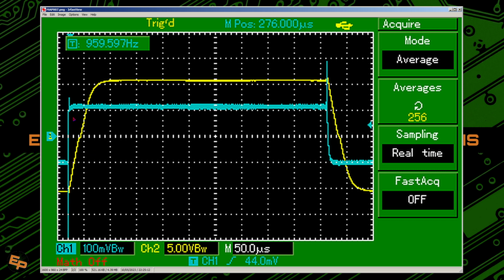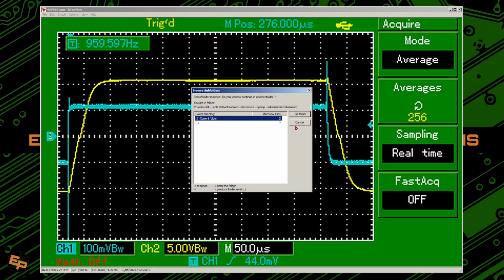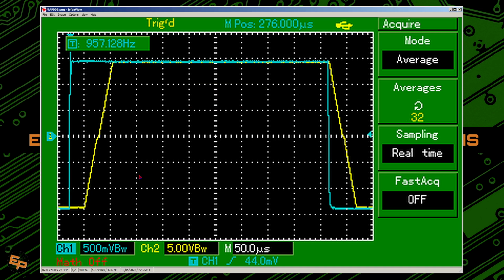Now, if we increase the input signal so much that the output will be forced to go into saturation, because the op-amp will want to output a value of voltage that's not possible, and this is the case here. I have 500 millivolts per vertical division. I have about 3 divisions above and below ground, so about plus minus 1.5 volts for the input voltage.